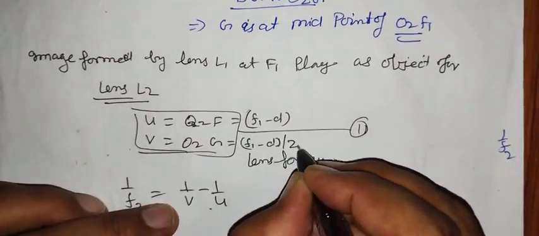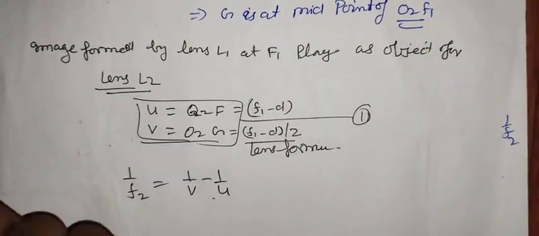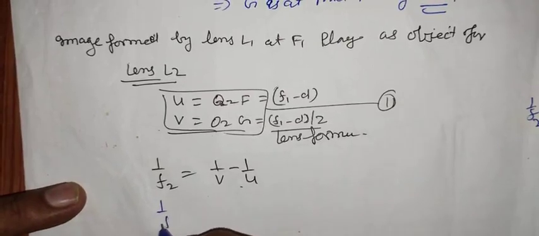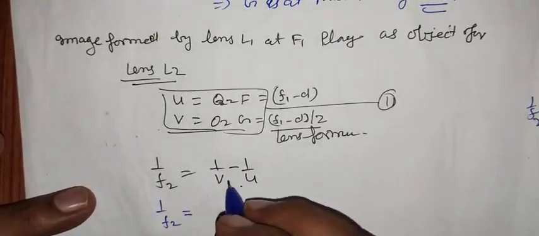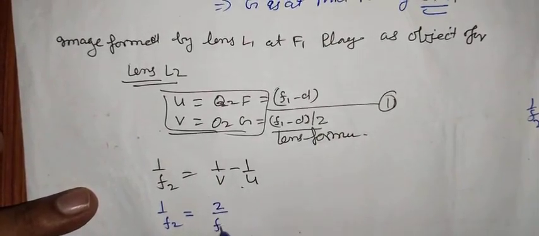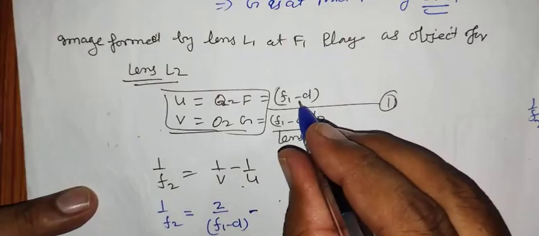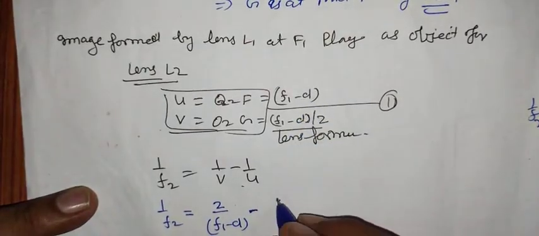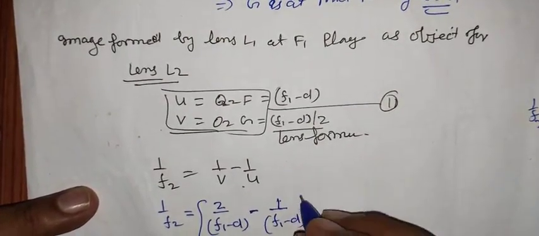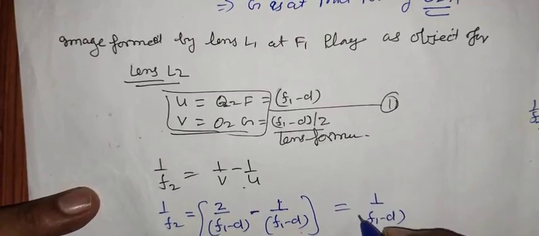So now keeping both things in the formula, 1 by F2 can be written as 1 by V, which is 2 by (F1 minus D), minus 1 by U, and U is F1 minus D. See, in both, it can be written as 1 by (F1 minus D).